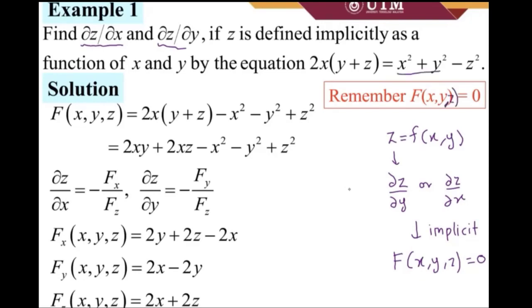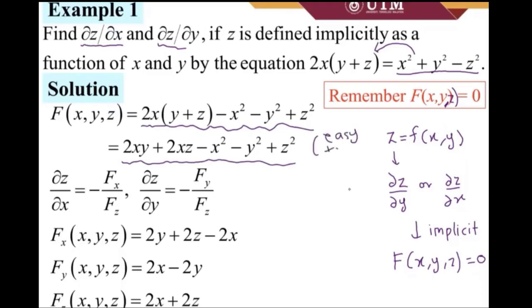So you bring this one from the right hand side to the left hand side, then you will get 2xy plus 2xz minus x squared minus y squared plus z squared. Easy to differentiate if you do like this. What we call expand.